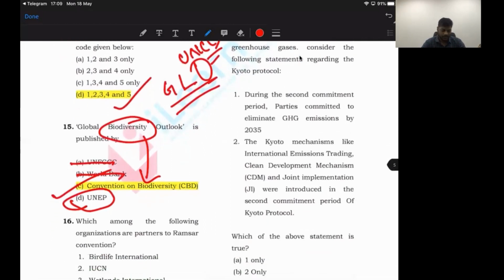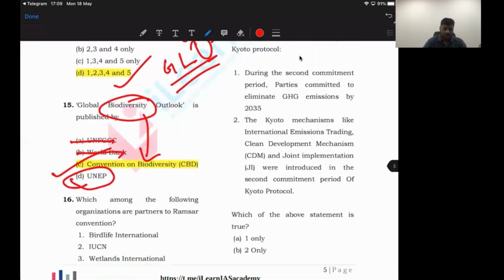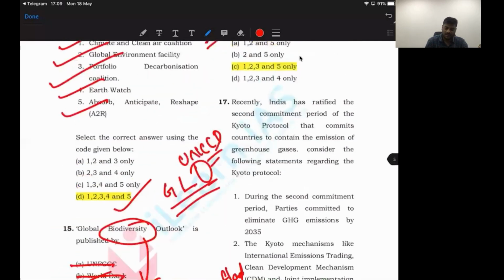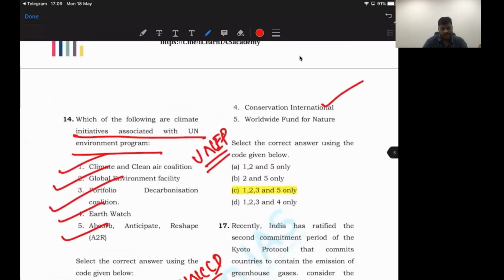Then the 16th one: which of the following organizations are partners to the Ramsar Convention? Ramsar Convention on wetlands. The organizations are BirdLife International, IUCN, Wetlands International, Conservation International, World Wide Fund for Nature.